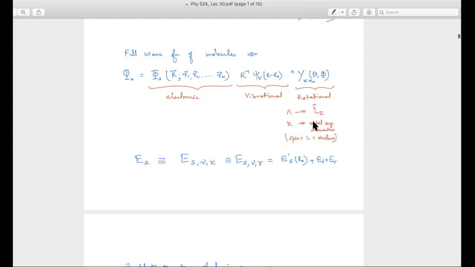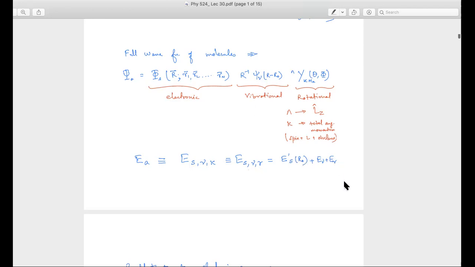And K is the total angular momentum of the spin of the electrons plus the angular momentum of the electrons plus the nucleus. So that was our starting point, and the total energy E you can write as a combination of these three sets of quantum numbers S, nu, and K. S corresponds to the electronic degrees of freedom, nu to the vibrational, K to the rotational motion. K can also be written as R for rotational, and these are the sum of these three terms.